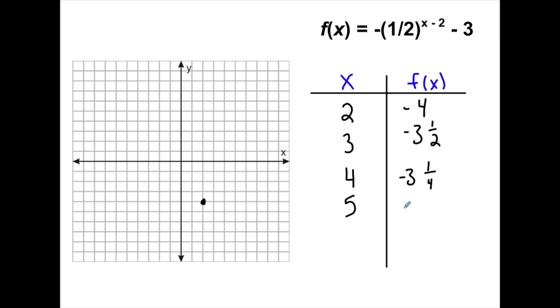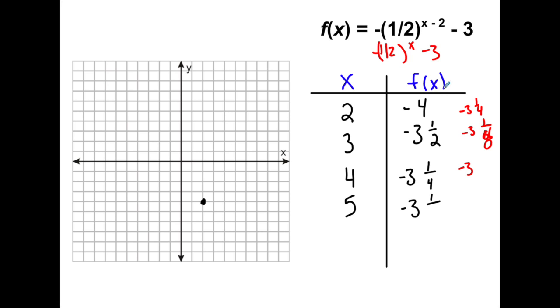And what you'll see is if you plug in 5, now if we just compare this to regular negative 1/2 to the x minus 3, I think actually 5 will be to the 8th, right?